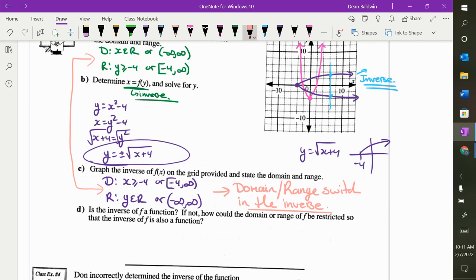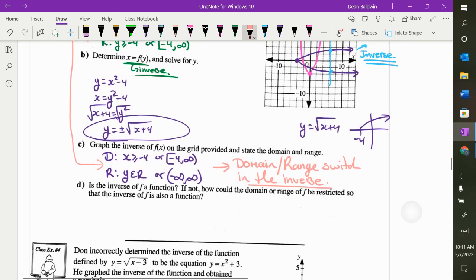And last question. Is the inverse a function? We've already said that. No, because it fails the vertical line test. VLT is vertical line test. Okay? I'm too lazy to write out vertical line test.